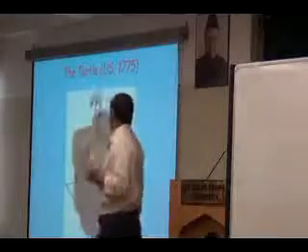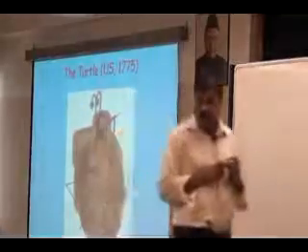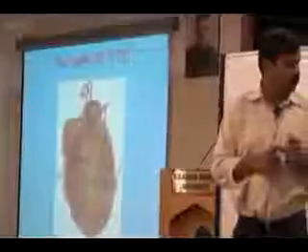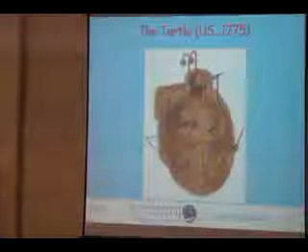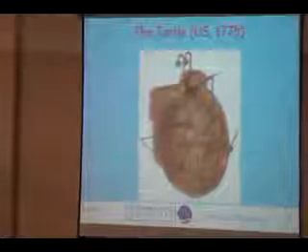Next slide. This is the famous turtle. This is the first successful submarine that went underwater. It was made in the US and was made use of in the Civil War between the English army and the people who got settled in the US.